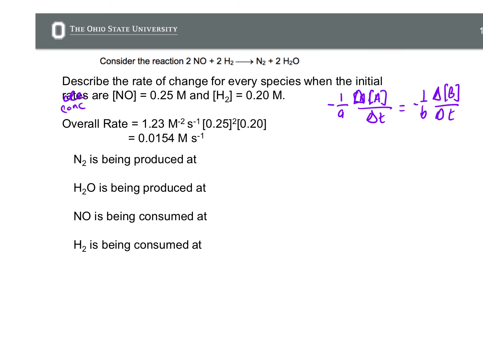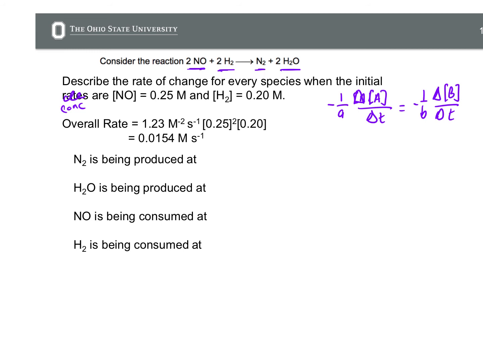If we take a look at the stoichiometry, we have 2 NO, 2 H2, 1 N2, and 2 H2O. Our overall rate would be relatable to a reactant or product with a stoichiometric coefficient of 1. So in this case, that's N2.